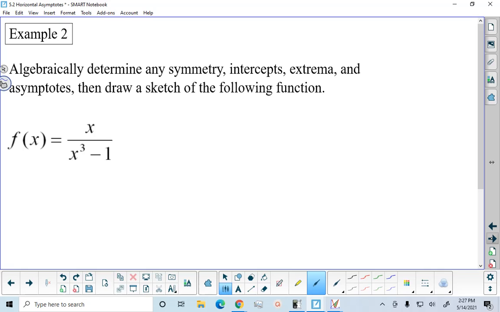All right, let's try one more. This time it's x over x cubed minus 1. So I'm going to make a list of things here.